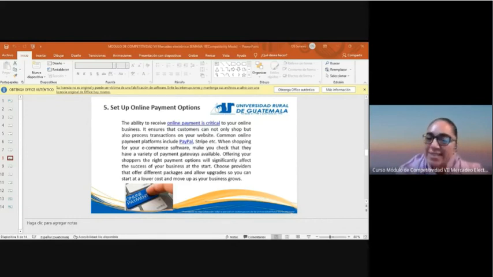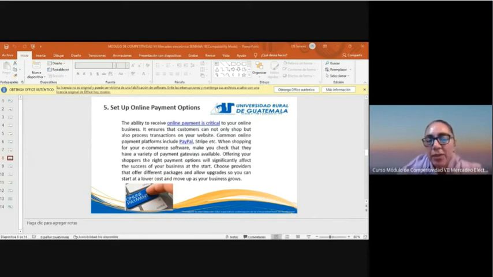But you need to decide how you're going to get the money from your customers. If you want them to make a bank transfer, or if you're going to send some links for payment with MasterCard or Visa, you can do that also. But you need to make sure that you will have the ability to receive online payments.